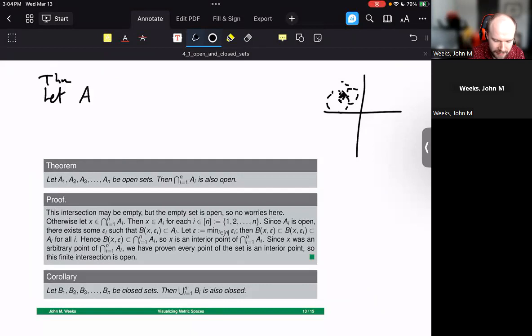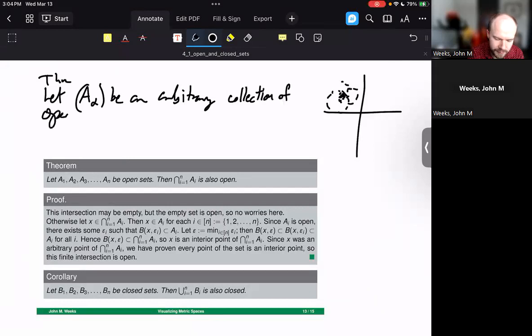So that second condition we were talking about at the very beginning, namely, let A sub alpha be an arbitrary collection of open sets, then the union over alpha of A sub alpha is open, comes straight from our definition.